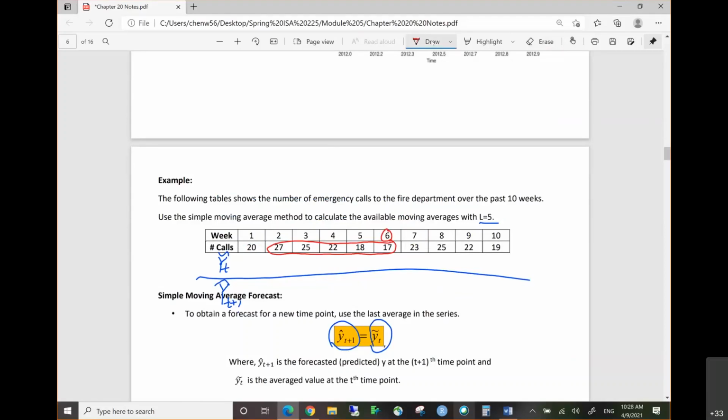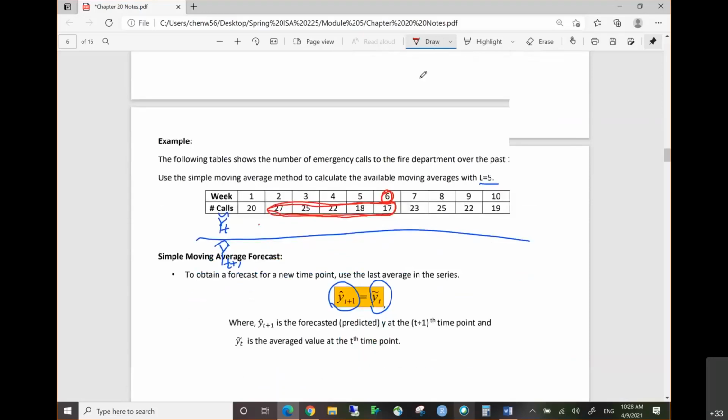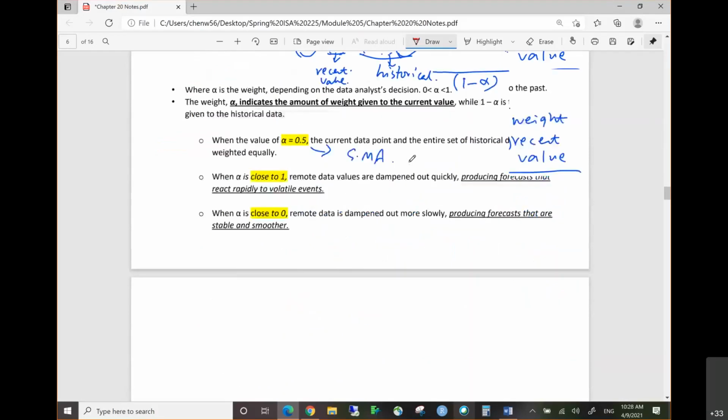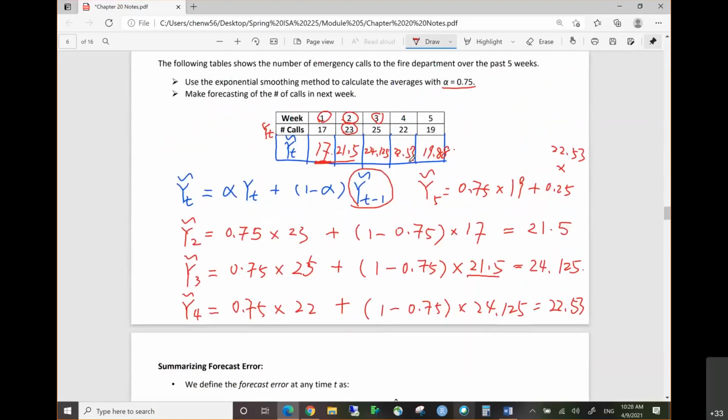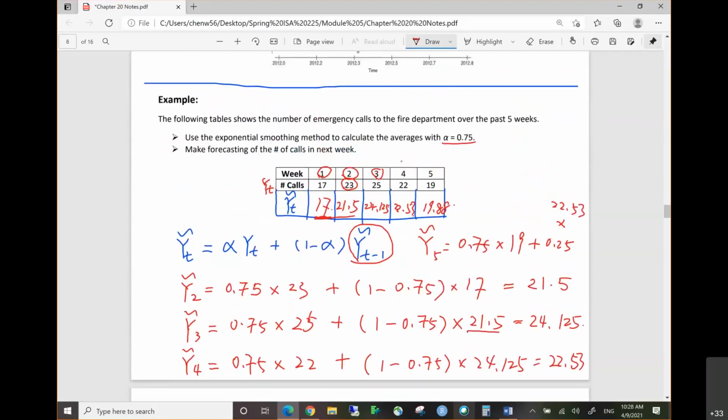So for the simple moving average, you can directly come to this point and just average these 5. We do not need to start from the first point. But for the exponential moving average method, every estimated value depends on the previous one.